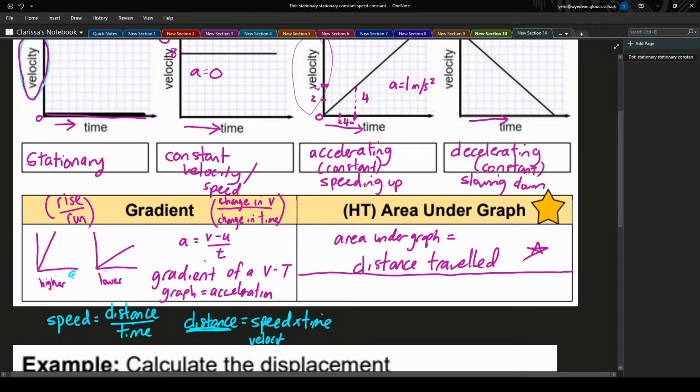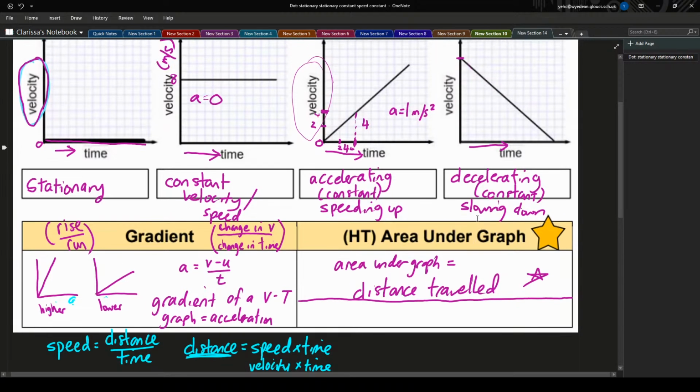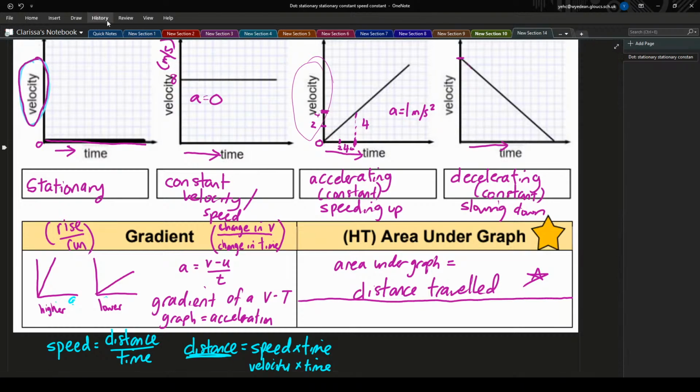Speed can also be known as a velocity, because velocity is just speed with a direction. So distance can be calculated with velocity times time. Now, let's have a look at this. On the right hand side, we have a triangle here.